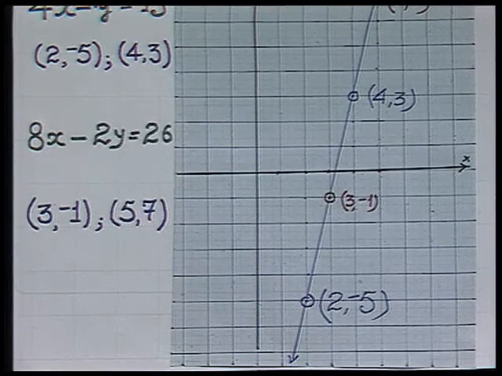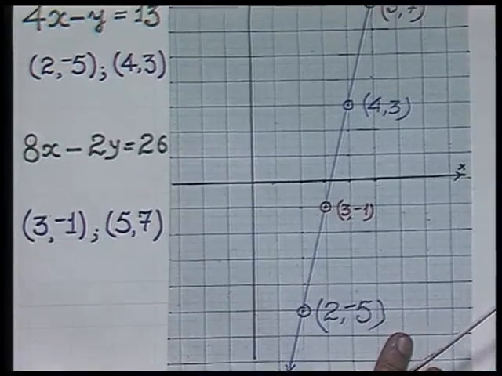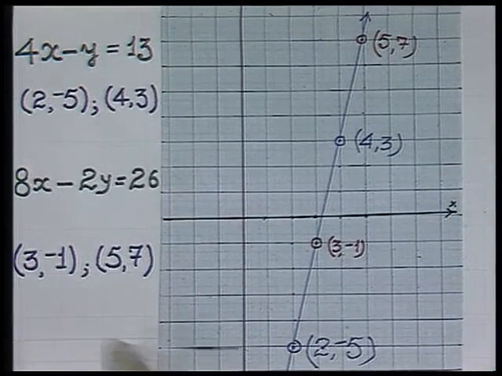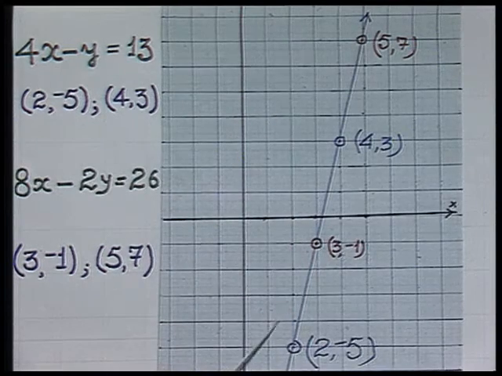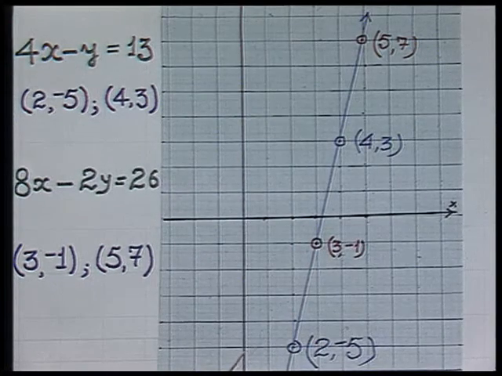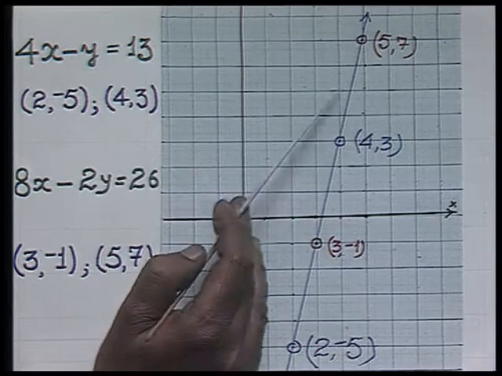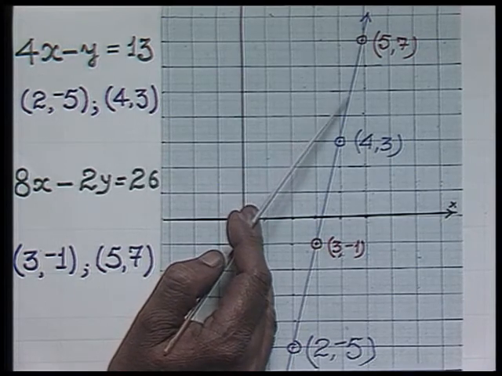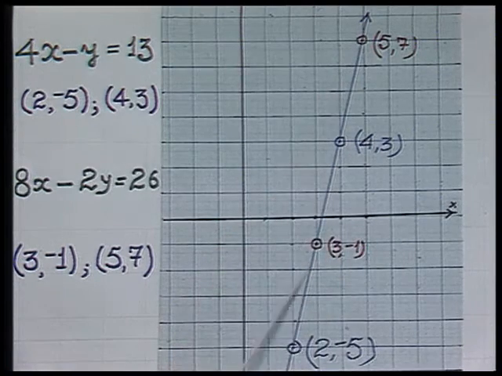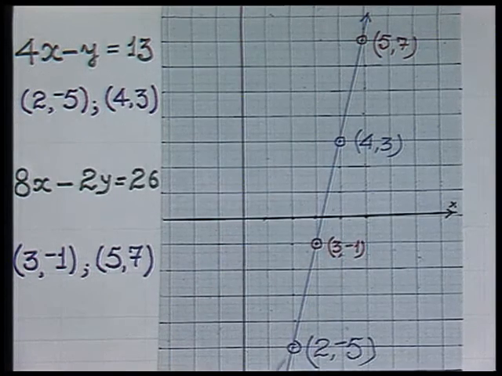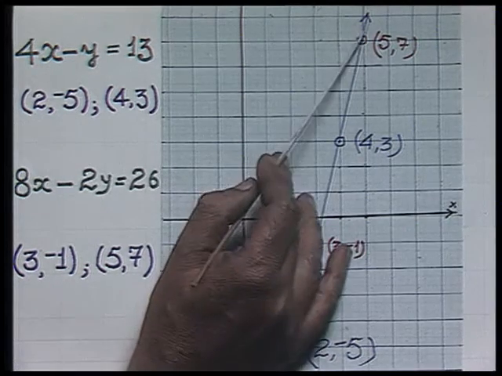So what do you find? Here the ordered pairs for the first line and those of the second line are lying on the same line. So what can we say? In the previous case the lines were intersecting, but here the two lines are just overlapping each other. So how many ordered pairs are there on this line?